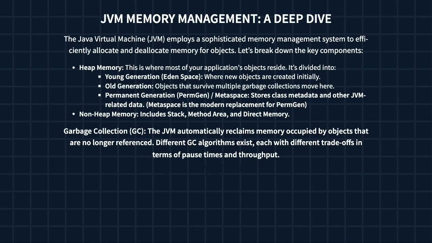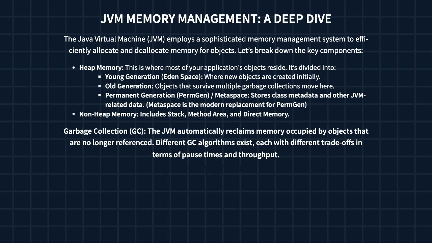Okay, so let's talk about how the JVM keeps track of everything and makes sure we don't run out of memory. The biggest area is called the heap. That's where all your objects live. It's actually divided into a few parts: the young generation, where new things are born; the old generation for objects that have proven they stick around; and then the permgen or metaspace, which holds essential information about our classes.